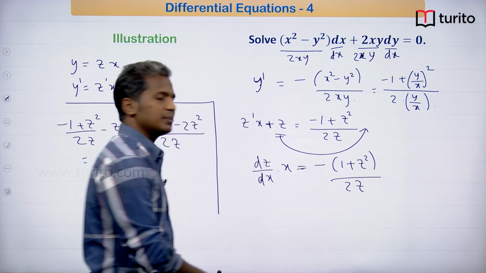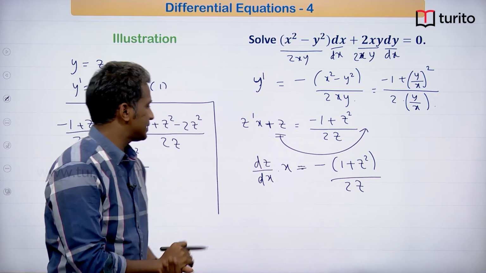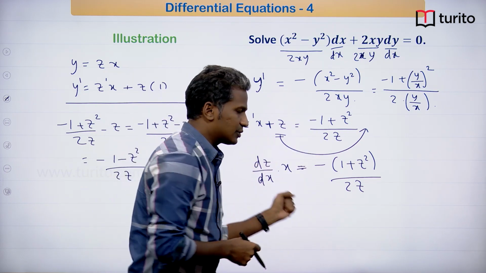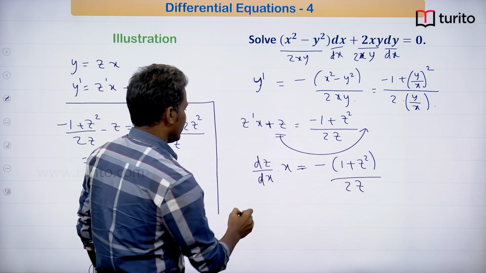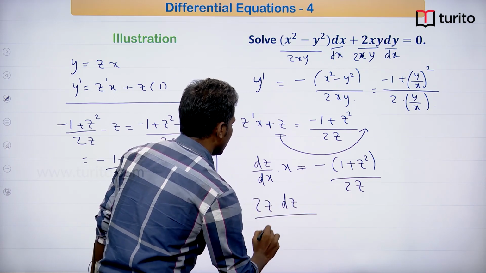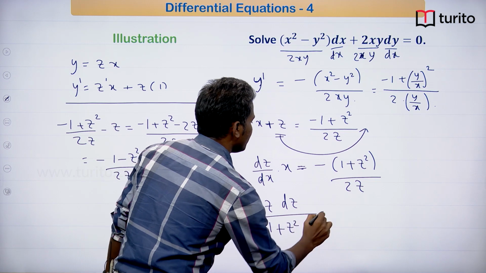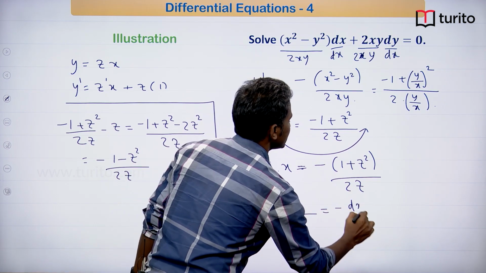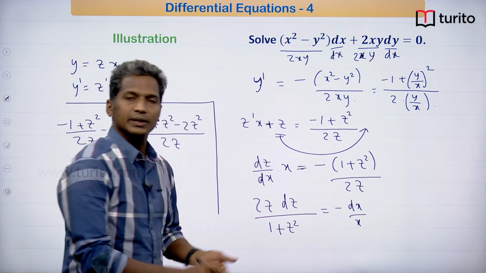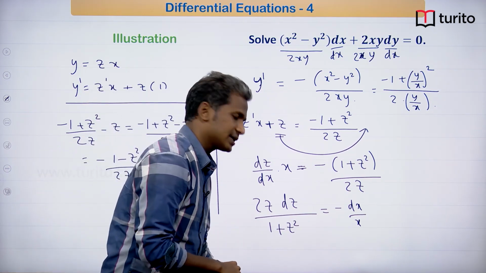Now, what is the next step? To separate the variables. So, when we take all terms of z to this side and all terms of x to the other side, what do we get? 2z into dz by 1 plus z square is equal to minus dx by x. So, we have separated the variables here. So, what is the next step?